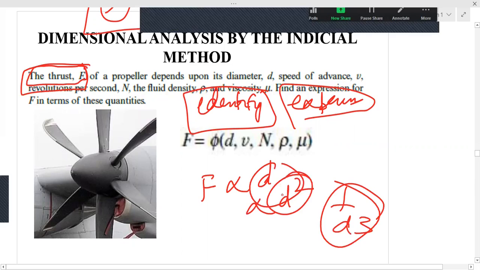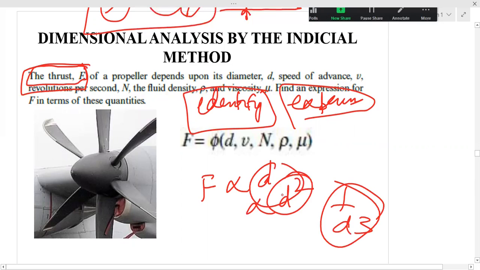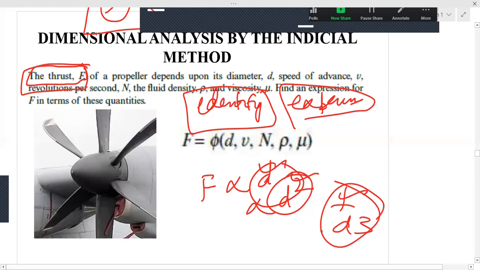How will you find it out? Graph plotting, sir, plotting a graph between initial and final values. But it is not possible that you vary each and every parameter like this. Sir, that way too many cases will be created.